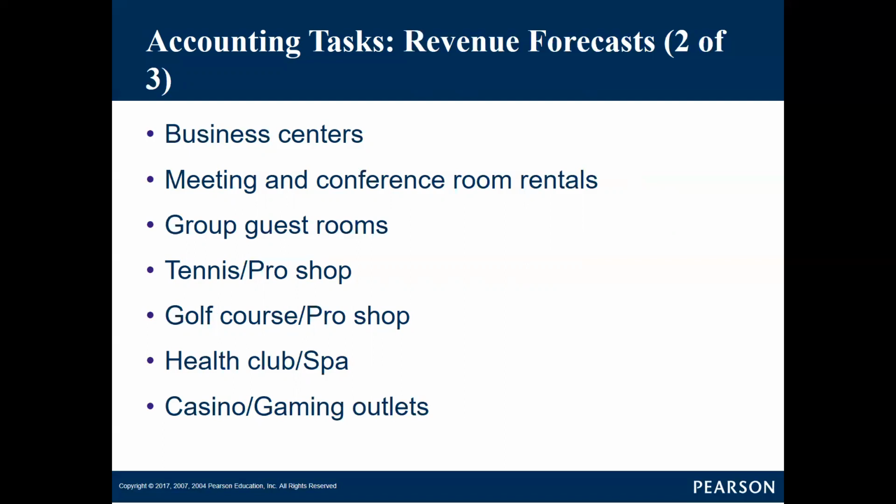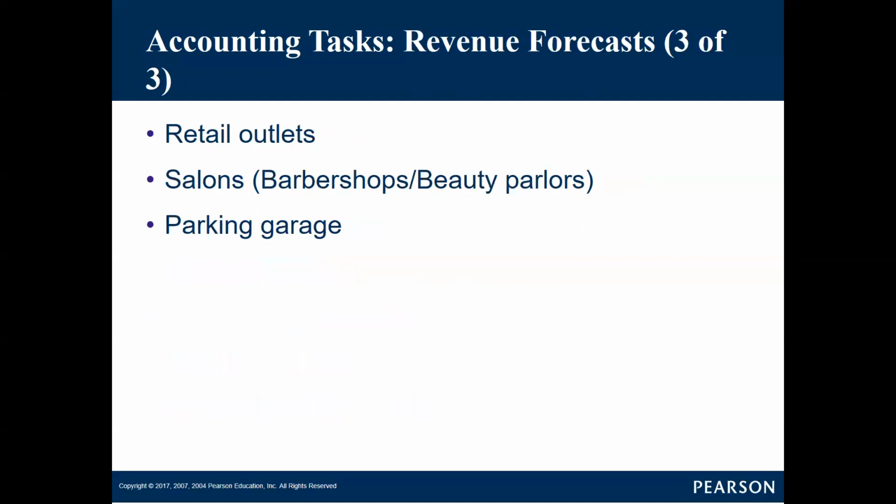You might even have a tennis pro shop, right? Retail outlets, salons. And as I talked about with the bigger downtown areas, your parking. Now, accurate revenue estimates are essential for assisting GMs in the decision-making process for all of these areas, right?